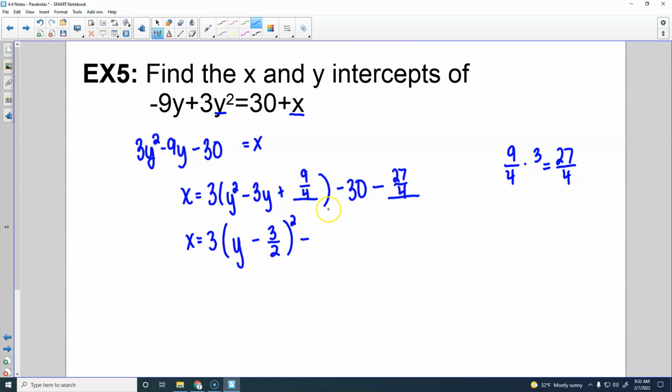So we get negative 36.75. If you would rather at this point change this to 1.5, you can. It's just up to you. So because this 3 right here is positive, this one's also going to open to the right.